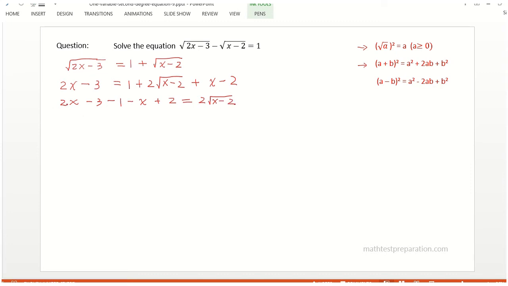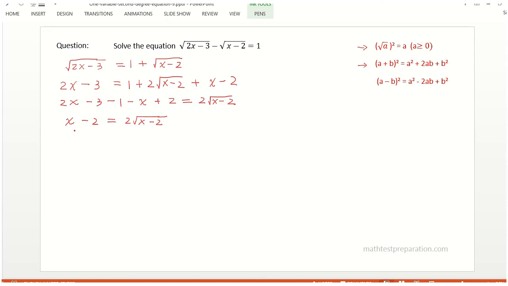Now 2x subtract 1x equals to 1x. Negative 3 minus 1 equals to negative 4 plus positive 2 equals to negative 2, which equals to 2 times square root x subtract 2.